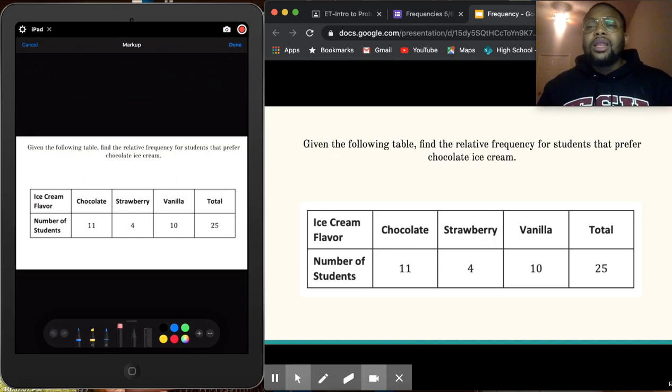If we're only thinking about the types of ice cream and the flavor of ice creams, first we would call that a categorical table because it's giving us categories. But not only is it categorical, it's univariable or univariate.